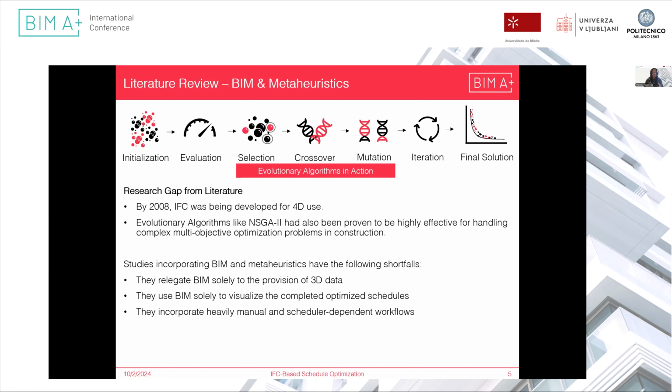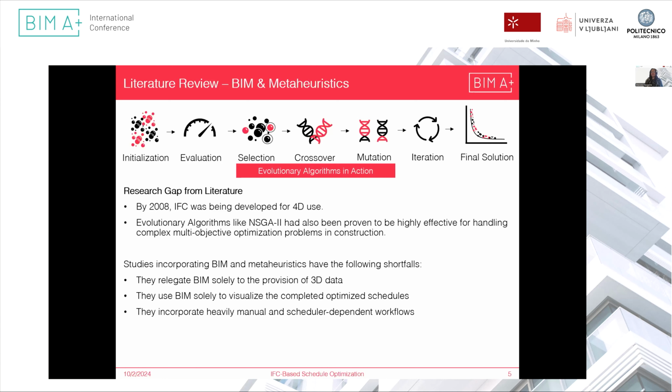However, when studied together, like using BIM and IFC, or using BIM and optimization methods together, the first problem was that BIM was only used for 3D data, to visualize 3D data, and then other methods like work breakdown structures would be used to link that with it, to create activity IDs, and then parts of it would be optimized.